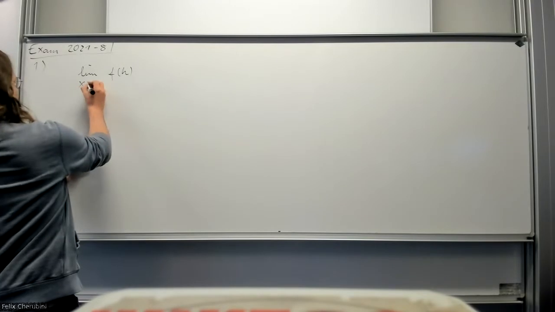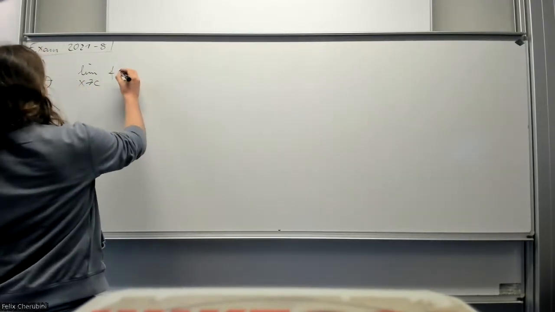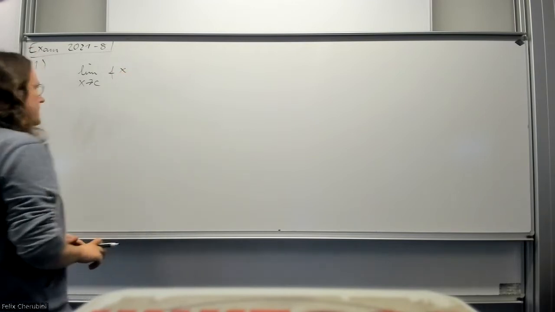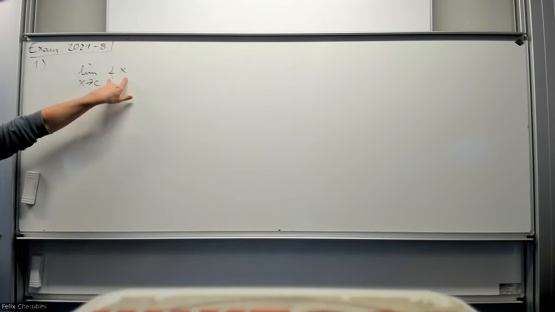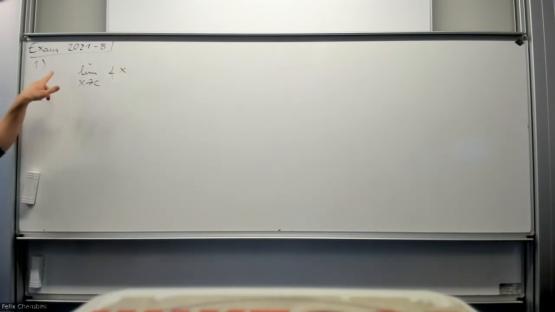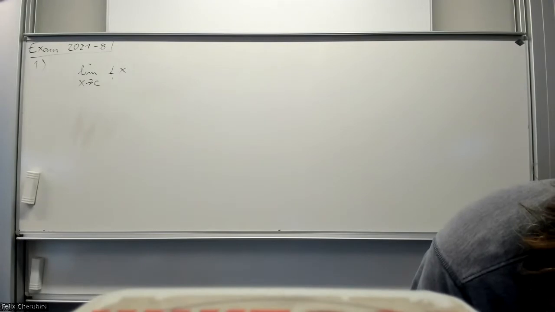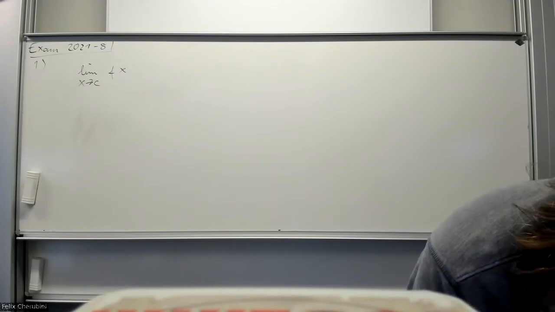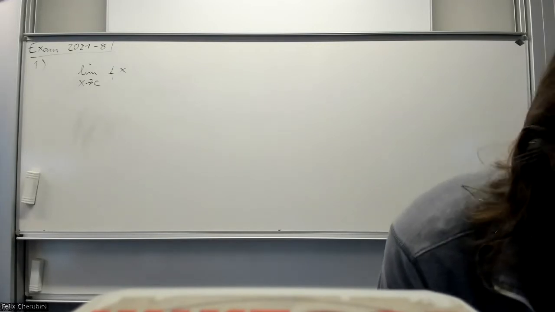So it says x goes to c, and here we have x, and let me just remind myself of the context of it. Okay, it just asks for the limit.